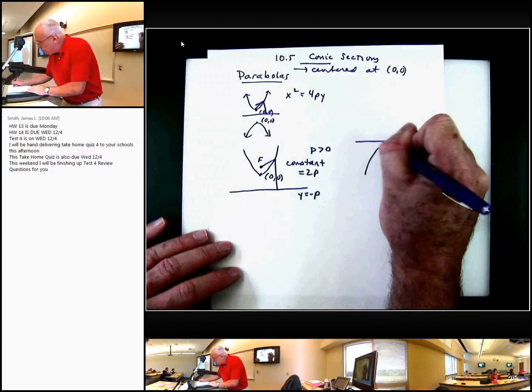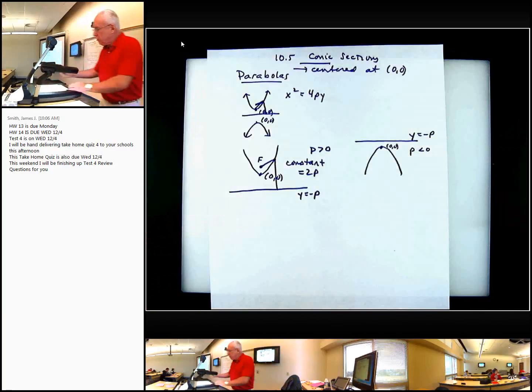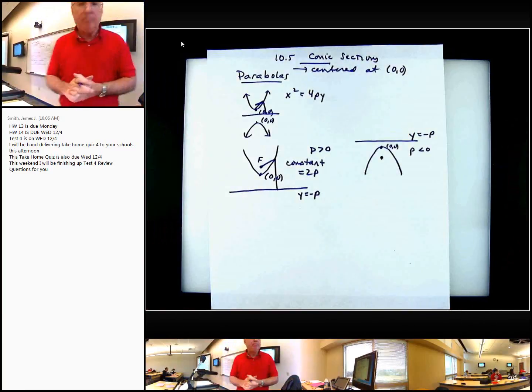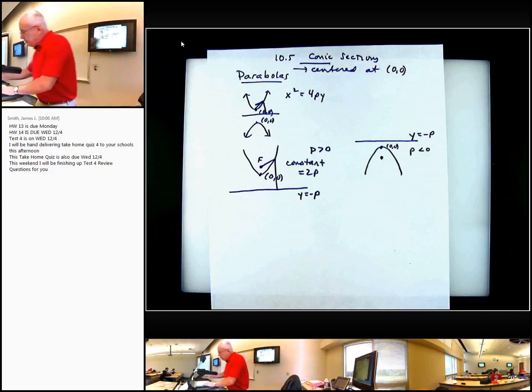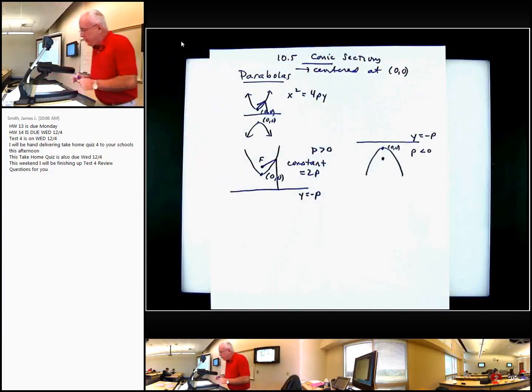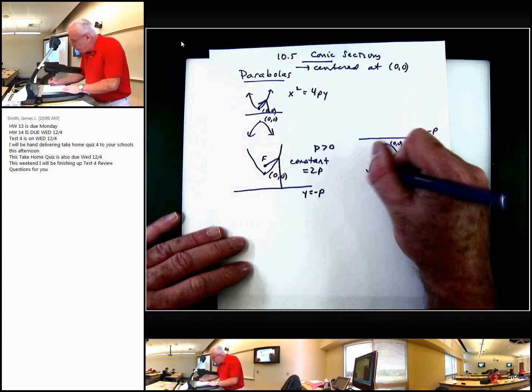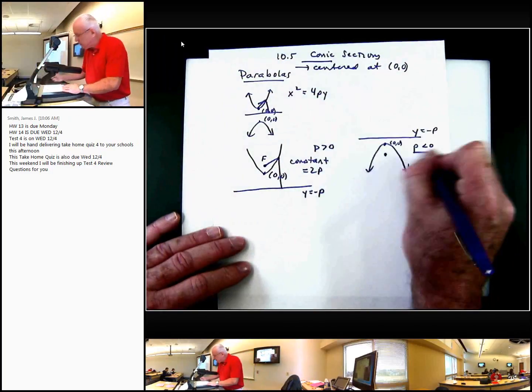Here, we're still calling that 0, 0, and we have a focus right there inside the parabola. Okay, so that's still represented by x squared equals 4py, but that's going down below. So that's for p less than 0.